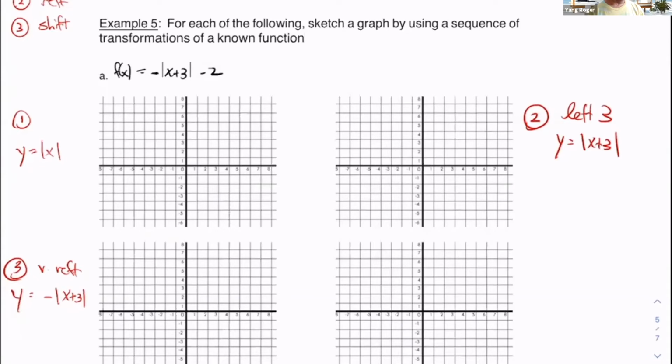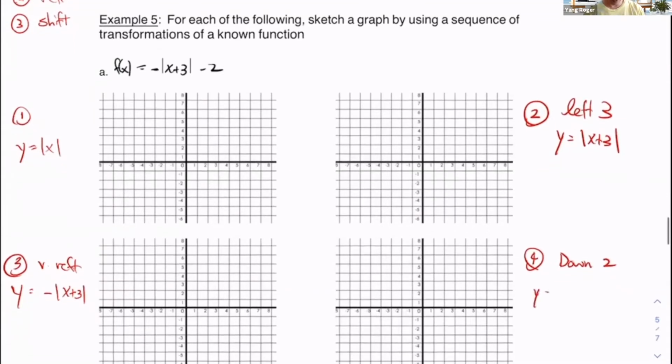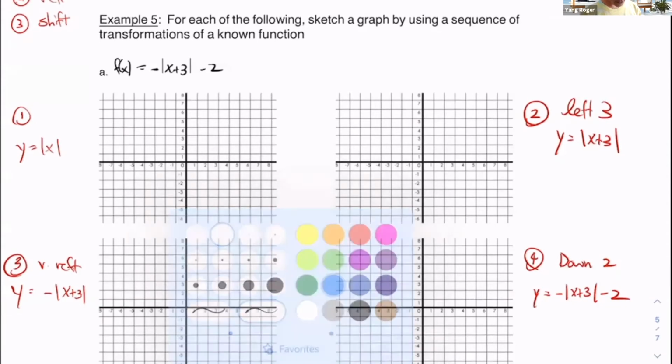And the last thing you're going to do is the shift, which is down by 2. Then it's going to be y equals negative absolute value of x plus 3, minus 2. Okay. So we are going to graph each of these things, and we get something nice at the end.